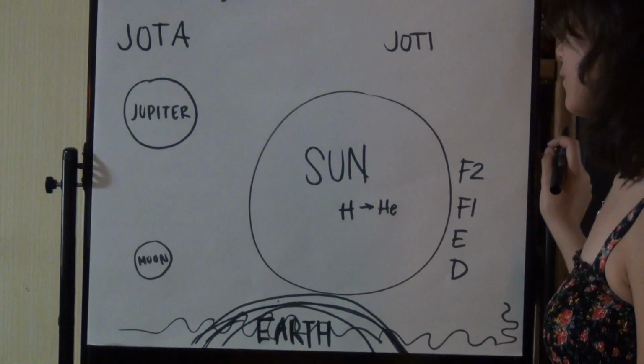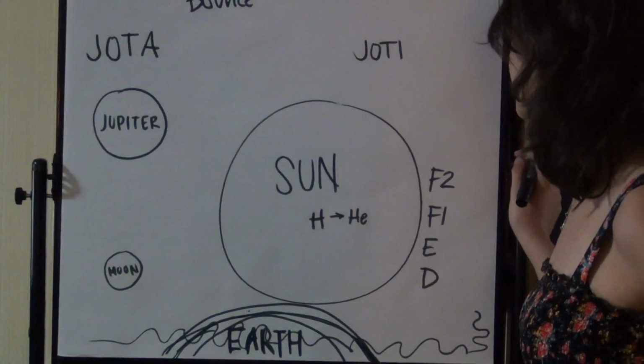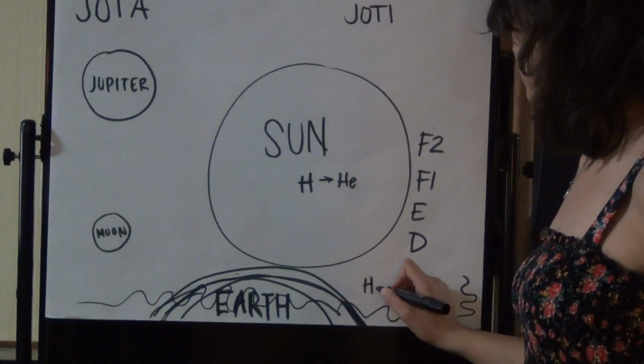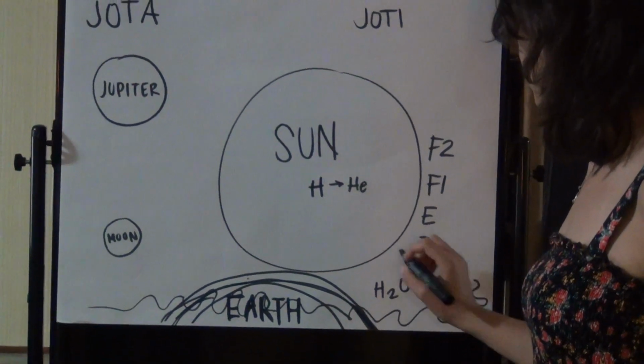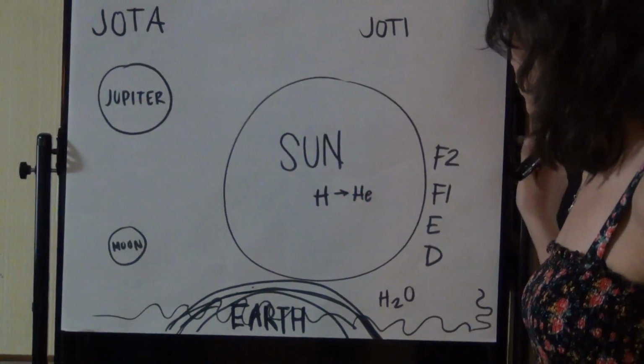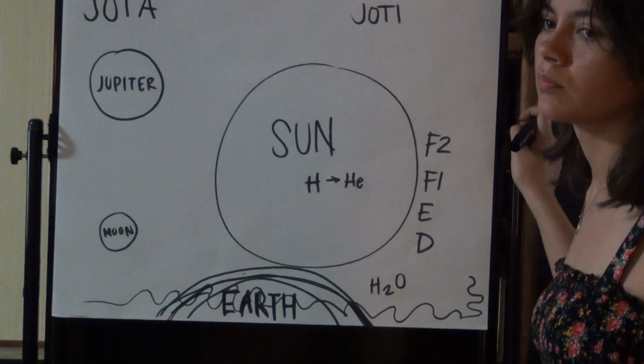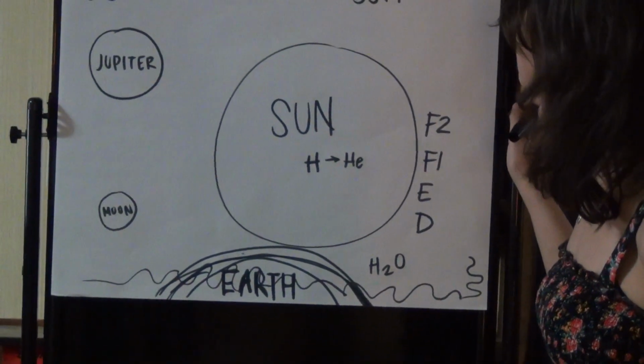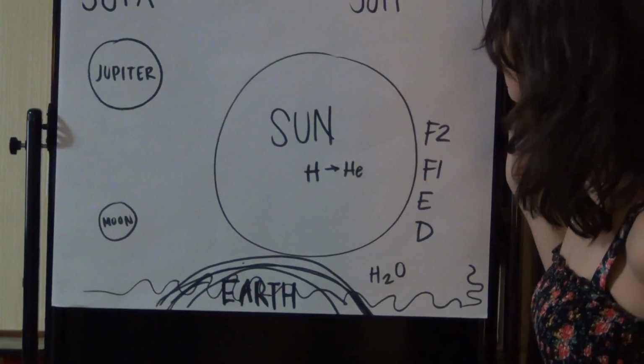Now most of our body is water, H2O, therefore lots of hydrogen. That's what makes an MRI, magnetic resonance. Hydrogen is the most common atom in the universe.